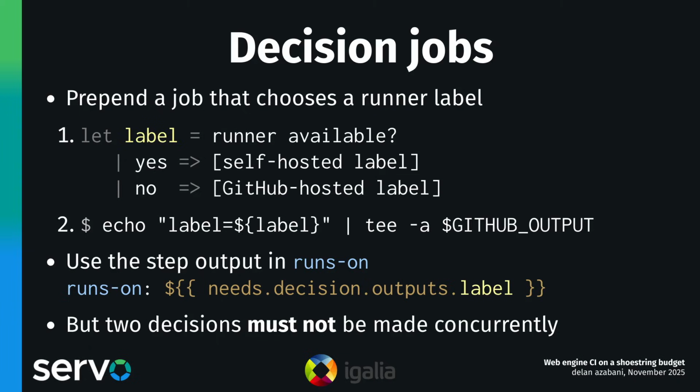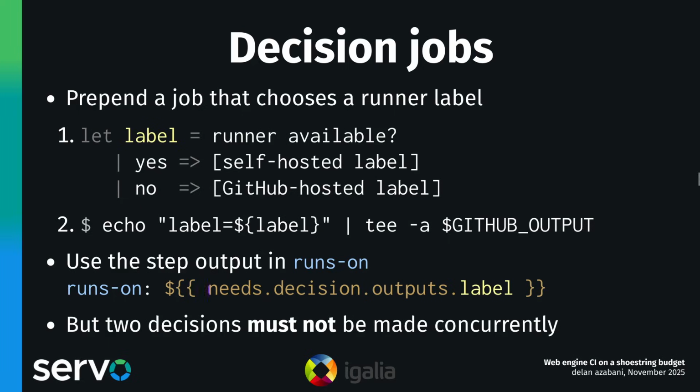It checks if a runner is available, and based on that, either chooses a self-hosted label or a GitHub-hosted label, and sets it in an output. This output can get pulled into our workload job, the job that actually does our work, because now you can parameterize the runs-on setting so that it takes the value from this previous decision job.